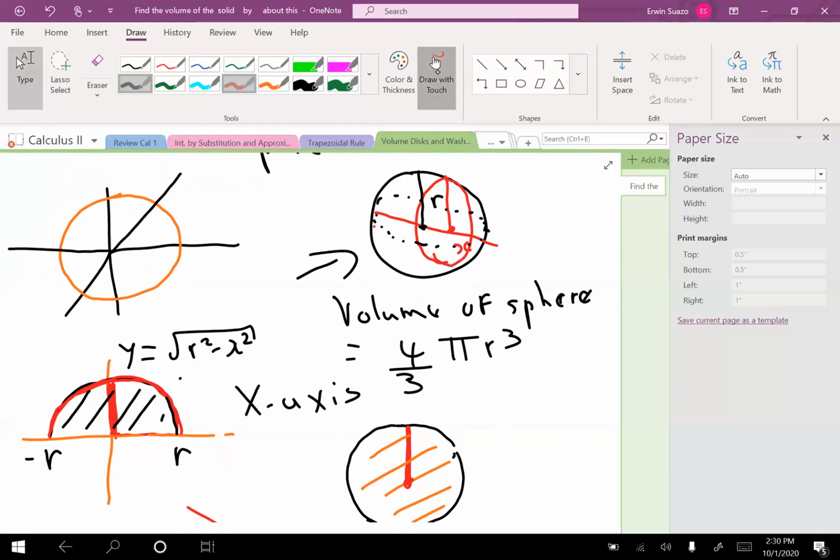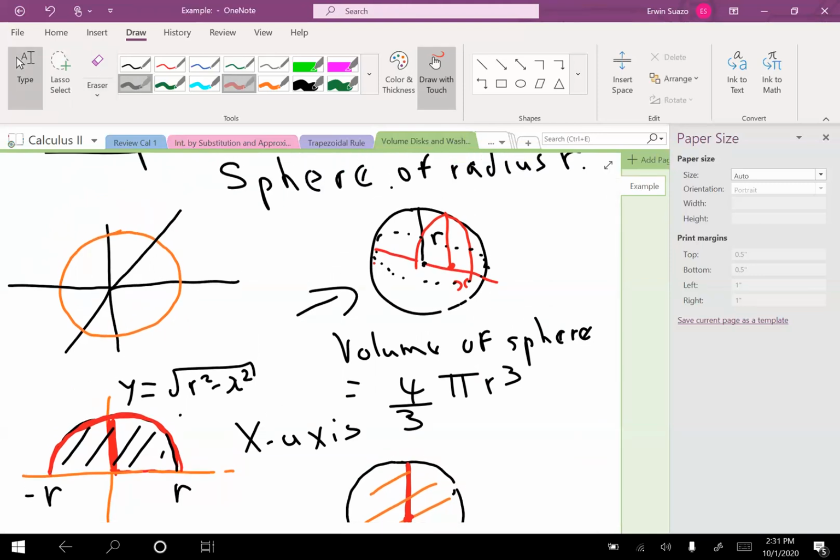Like that. So that's my cross section at x.